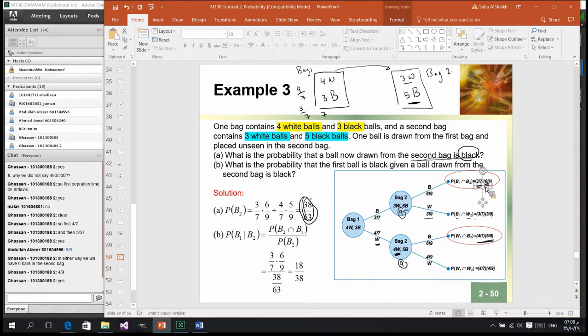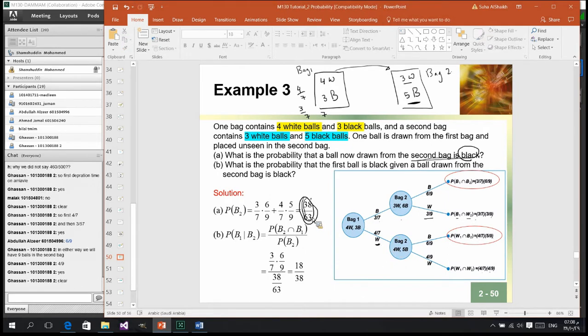Any question? We still have to do part B of the question. Any question here? Okay. Now in part B, what is the probability that the first ball is black given that a ball drawn from the second bag is black?